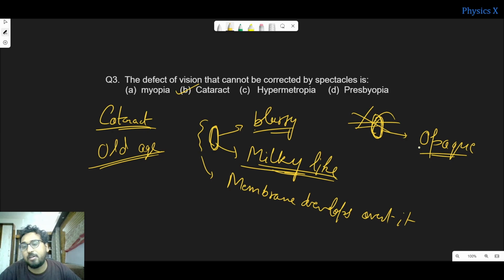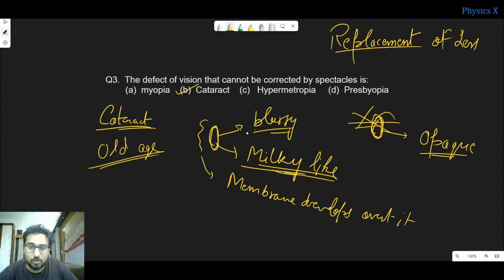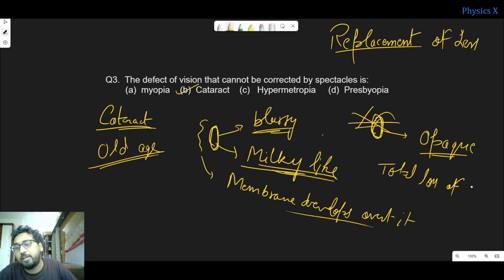This needs a replacement of the lens. Sometimes there may even be a total loss of vision due to the development of the membrane and the aging of the lens.